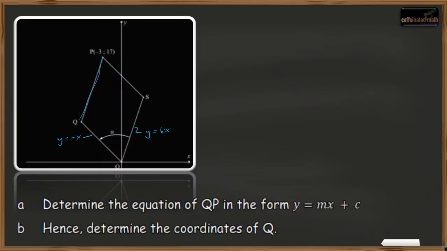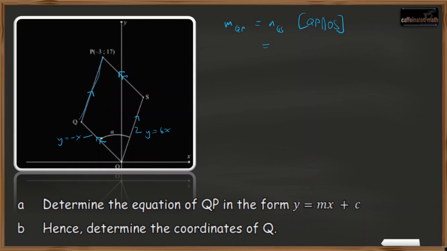Now there was an important word in our problem statement: parallelogram. What does that mean? It means these lines are parallel as these lines are in the other direction. So the gradient of QP is equal to the gradient of OS, because QP is parallel to OS.